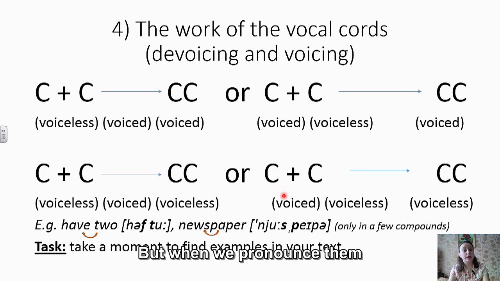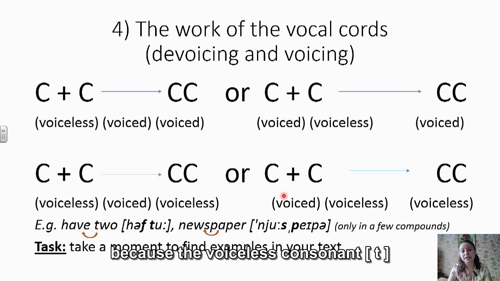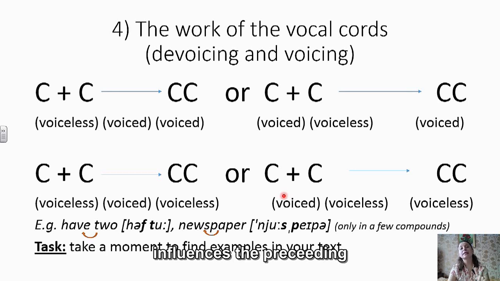But when we pronounce them in rapid speech, very fluently, very fast, we pronounce hafta, because the voiceless consonant t influences the preceding voiced consonant v, and it becomes voiceless f. The same happens in newspaper. If we pronounce them separately, we say news.